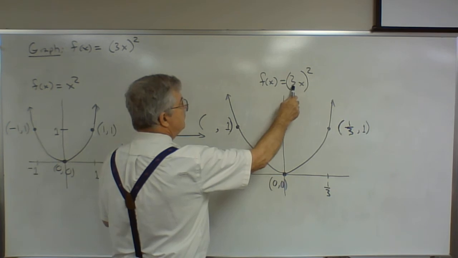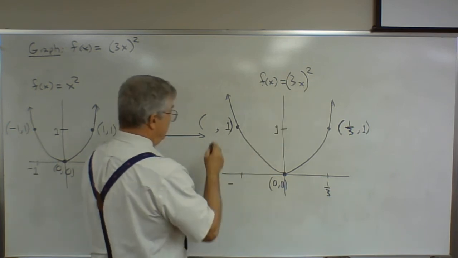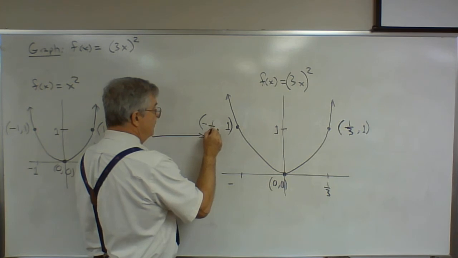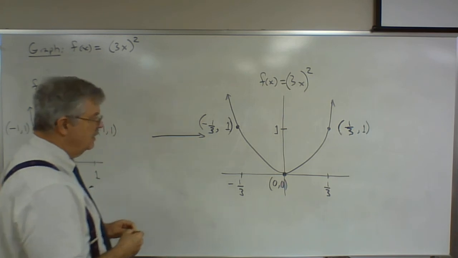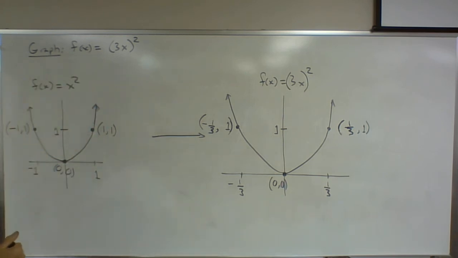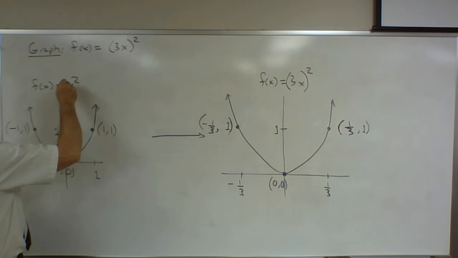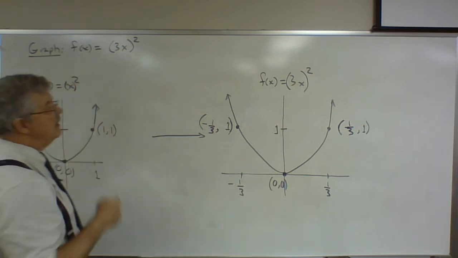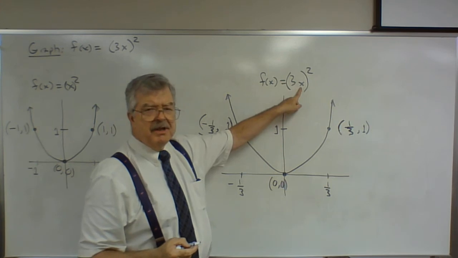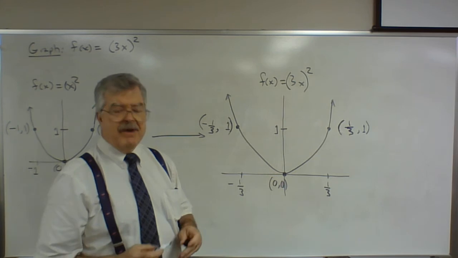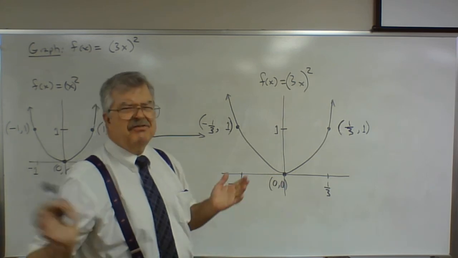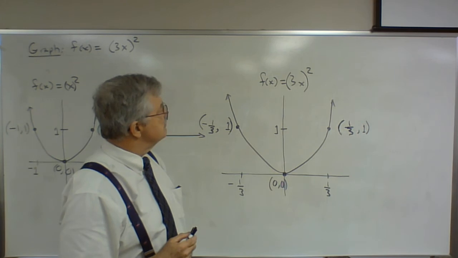What would we multiply 3 by to get -1? It would have to be -1/3, right? So what have we done by taking what it is that we're squaring and multiplying the inside by 3? That essentially compresses the graph horizontally, I guess we'd say by a factor of 1/3.